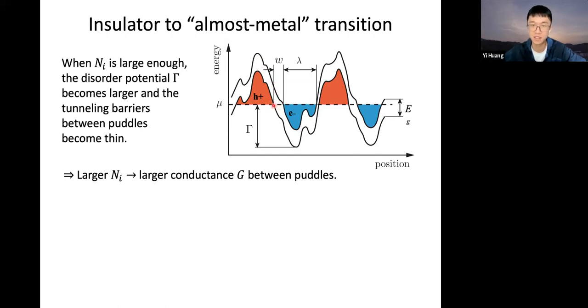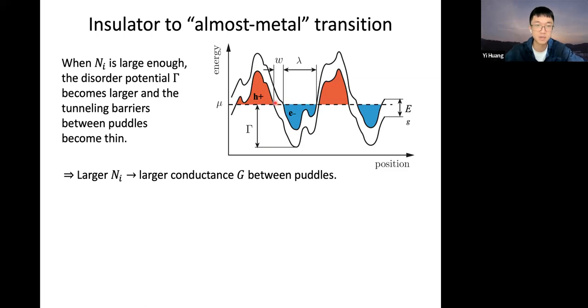This means the distance between puddles, which I indicate as W here, is actually becoming smaller if you increase the disorder potential gamma. Because if you have larger gamma, this means the slope of this curve, or the electric field corresponding to the puddles, becomes bigger. This means the distance between puddles will also become smaller.